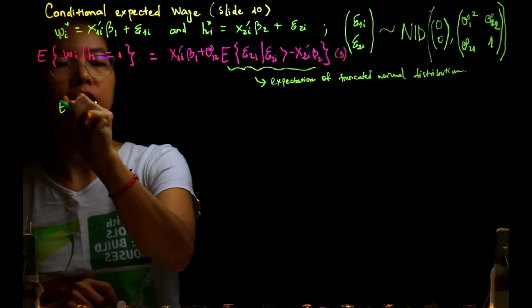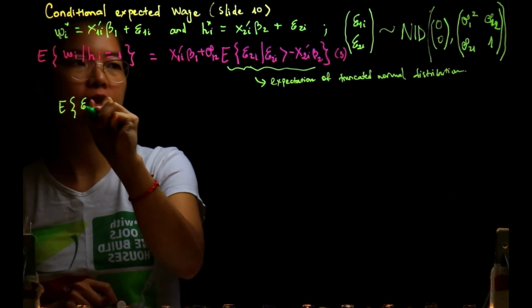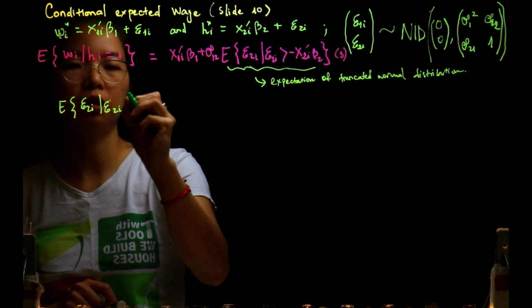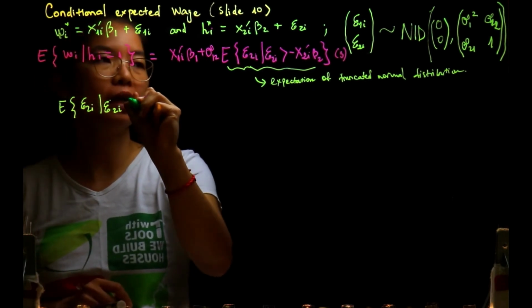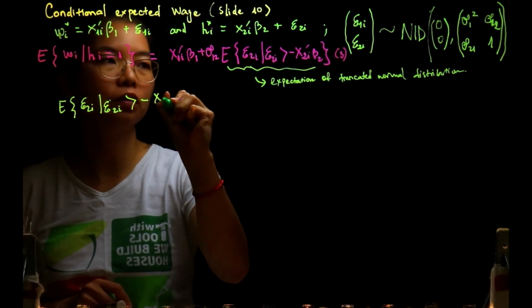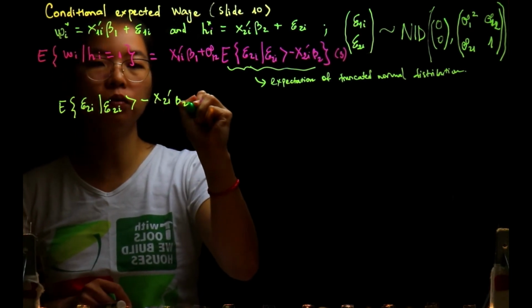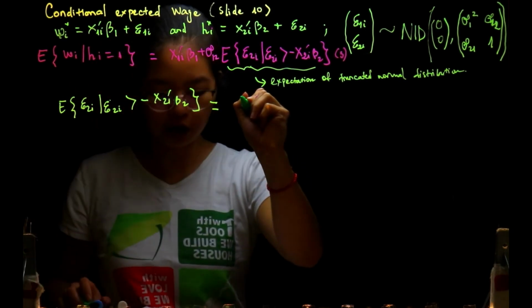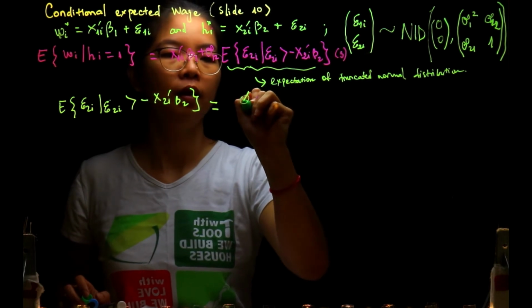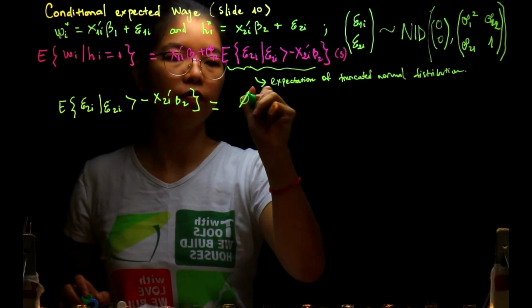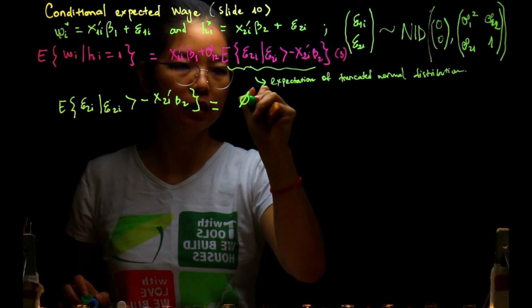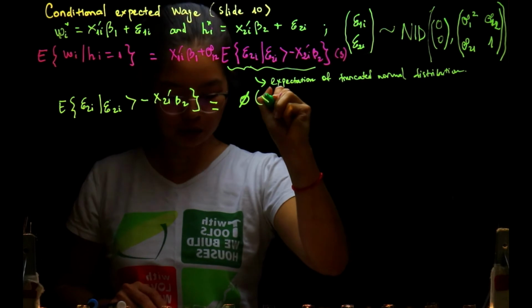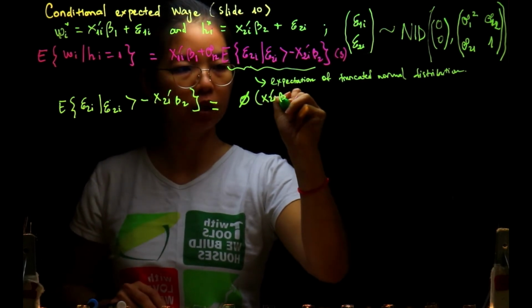We have the expectation of a truncated normal distribution of epsilon 2i truncated at the point minus x2i prime beta 2 equal to the ratio of the value of the probability density function, which is small phi now, of x2i prime beta 2.